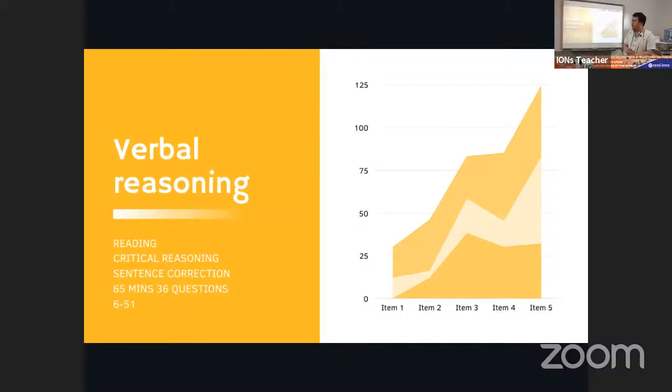As you can see, the verbal reasoning on GMAT focuses on grammar and reasoning, not so much on vocabulary. Most students think that grammar is difficult, but I guess the real deal is vocabulary. Why? Because obviously English has more than 1 million vocabularies.